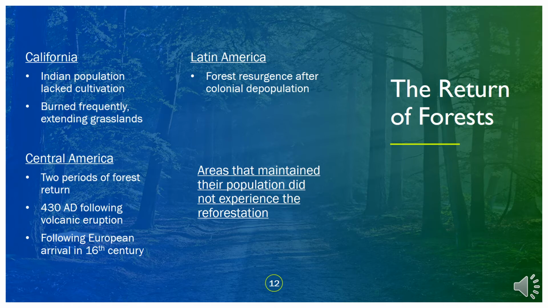This pollen study indicated two periods of forest return. The first was following a great volcanic eruption in 430 AD, and the second, of course, followed the European arrival in the 16th century. This demonstrated that deforestation and forest return was not necessarily linear.